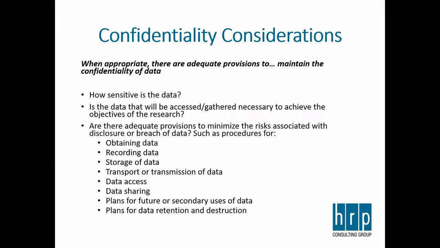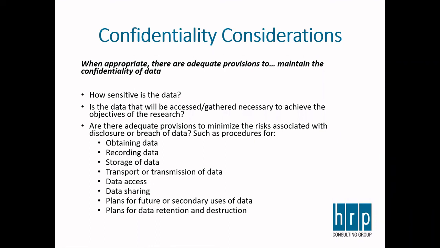Is the data that will be gathered and accessed necessary to achieve the objectives of the research? Never collect any data that you don't need to meet the research goals. So for example, if the research team is proposing to collect social security numbers, the IRB is going to ask why that information is needed to conduct the research. And it may be necessary, if it's not, it should be removed.